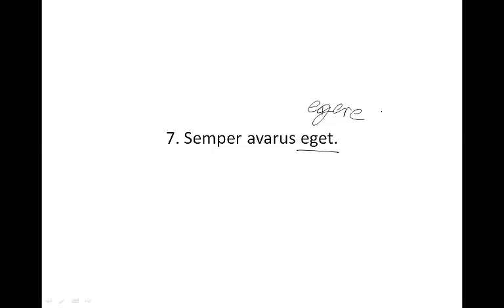And this is the third person singular, so it's a he, she, or it subject. He, she, or it is in need. Then we have this adverb here, semper, as in like semper fi. So someone is always in need.